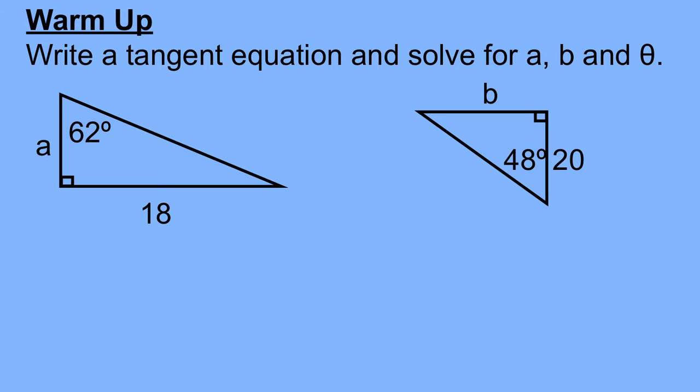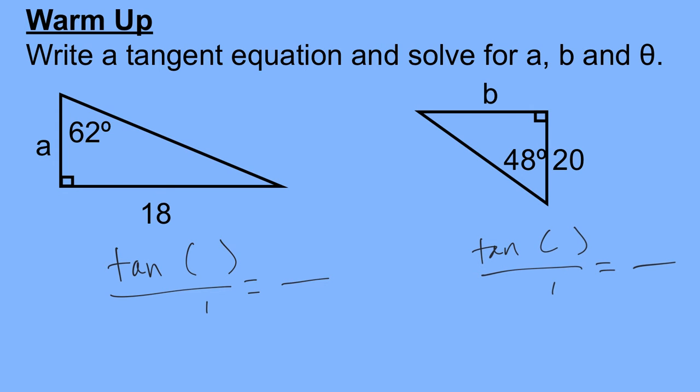Okay, so I'm going to go through how you would set up these tangent problems. If you remember, they always have the same format where you're going to have the tangent of the angle over 1 is equal to your proportion. Anytime you've got tangent, you're going to be doing the opposite side over the adjacent side. So what I would do first on these problems is identify which side is the opposite and which side is the adjacent side.